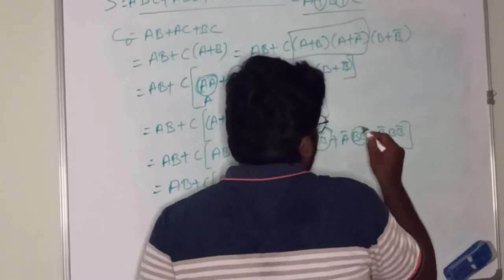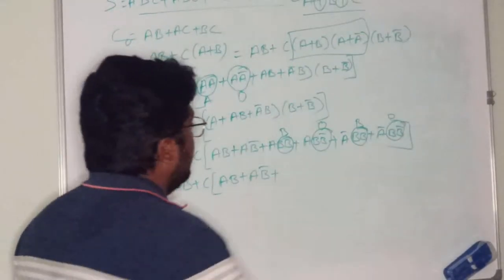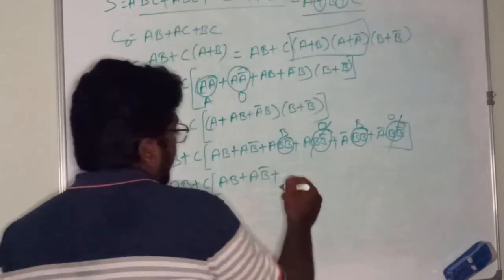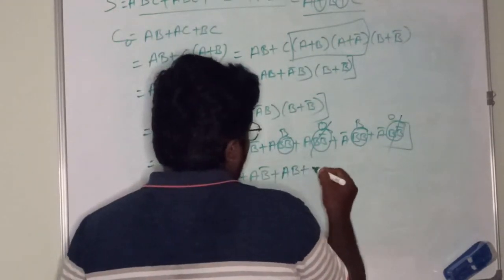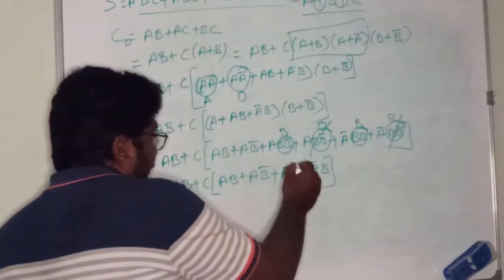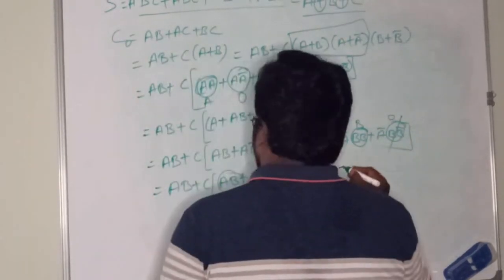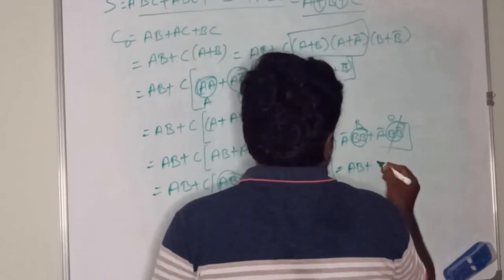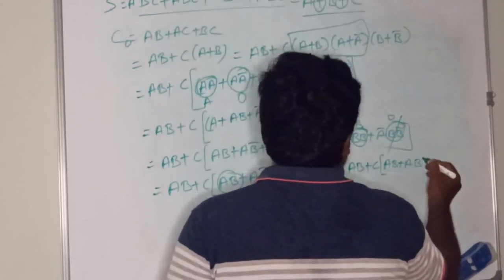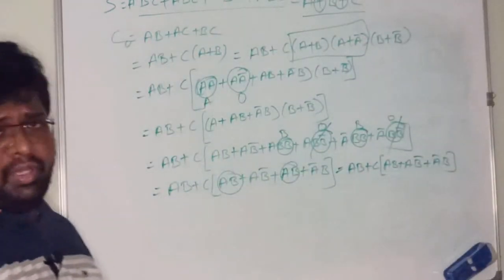So B into B is again B, and B into B complement is 0. So I am eliminating both these products, right? Now it will become AB plus A complement B. Here I am having AB twice, right? So I am eliminating one AB and I am writing the equation as AB plus C into (AB plus AB complement plus A complement B).